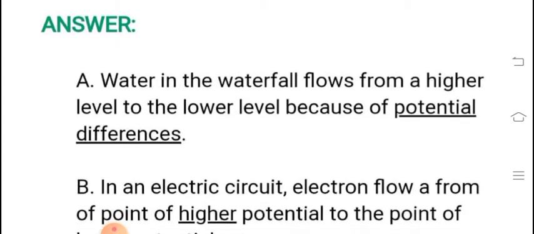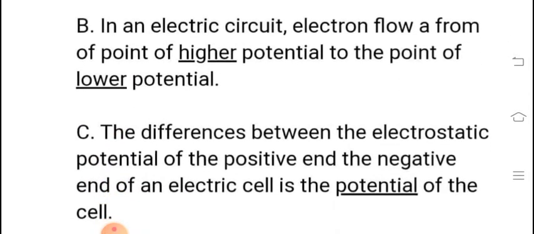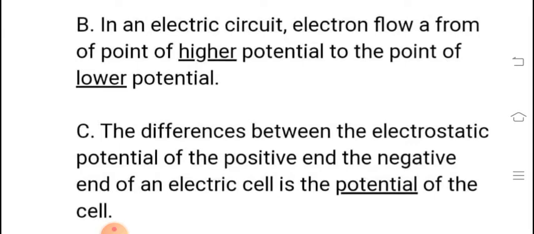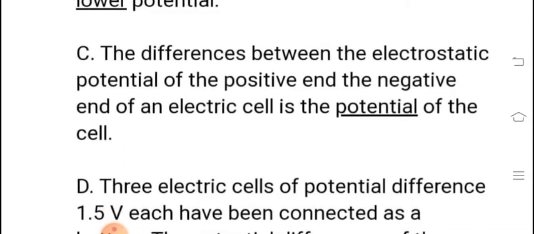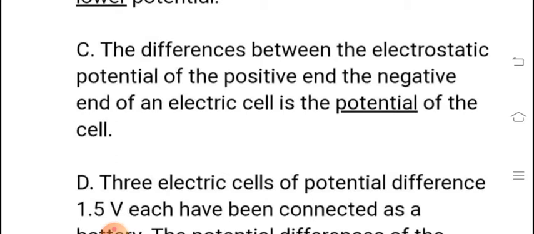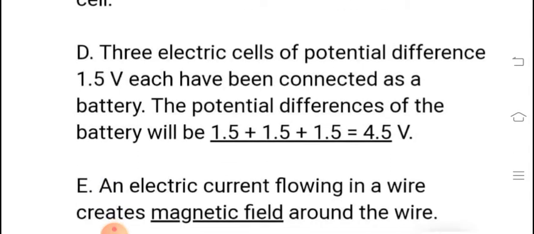A. Water in a waterfall flows from the higher level to the lower level because of potential difference. B. In an electric circuit, electrons flow from a point of higher potential to a point of lower potential. Obviously, from higher to lower. C. The difference between the electrostatic potential of the positive end and negative end of an electric cell is the potential difference of the cell.